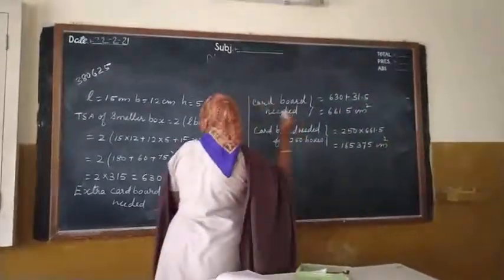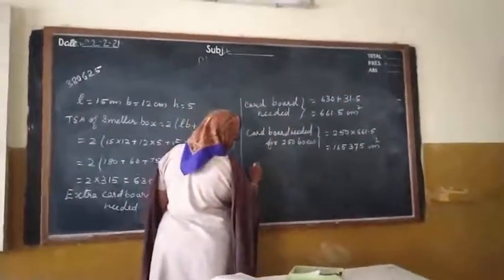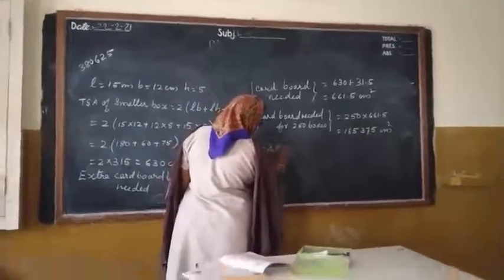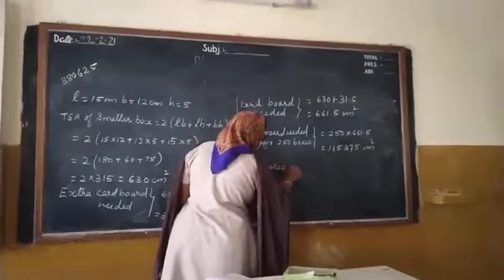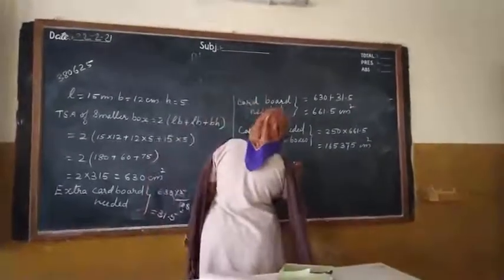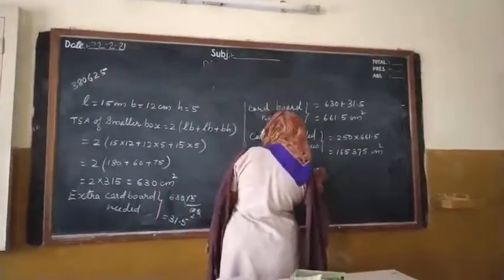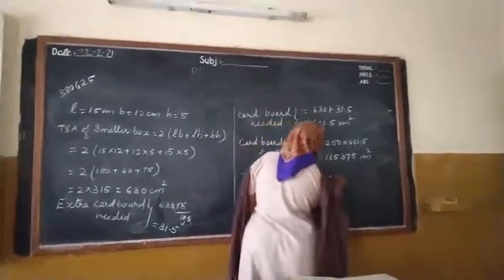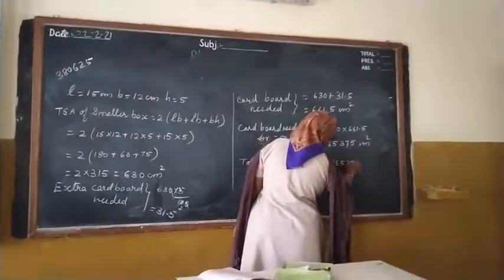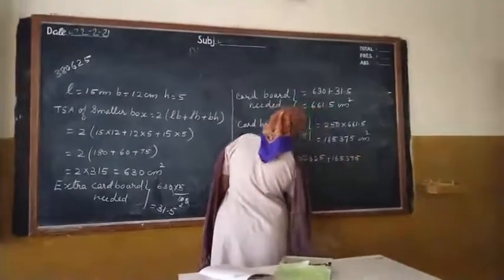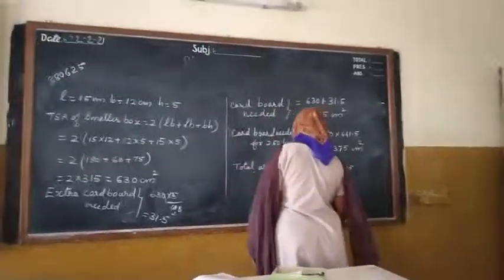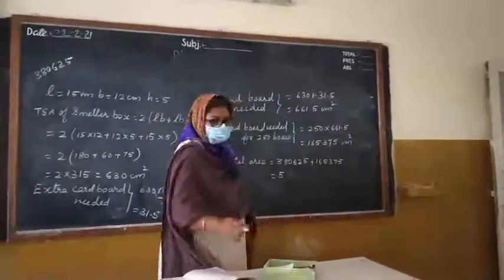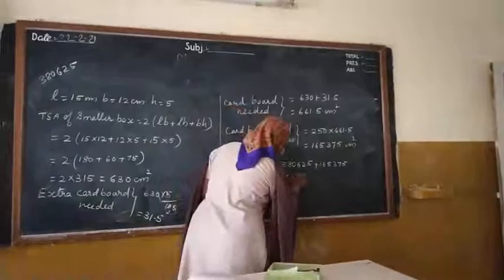Now add these two. Total area will be equal to first one plus this one. Addition, what you are getting? 5,46,000.